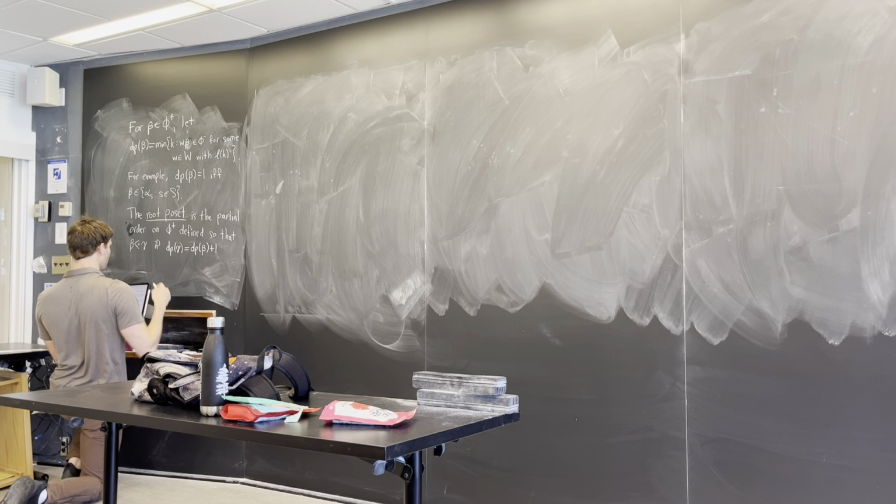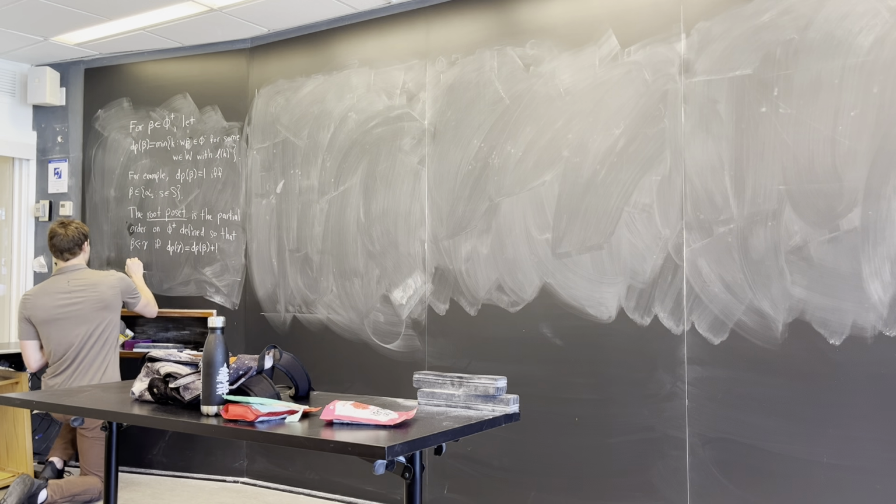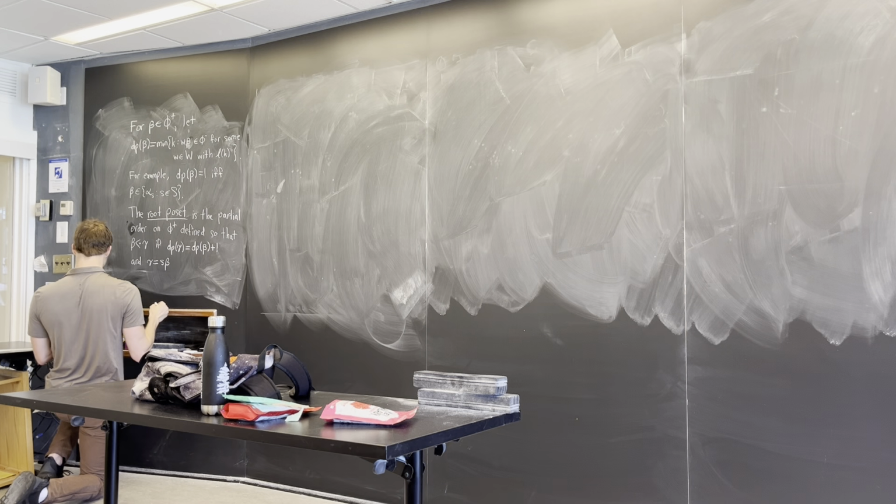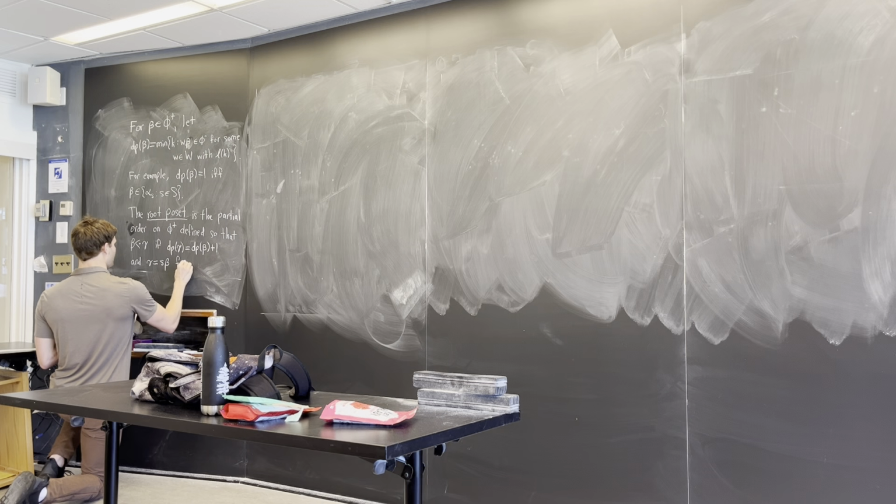So it's like you're going up one step in depth, and gamma is s beta for some simple reflection s.